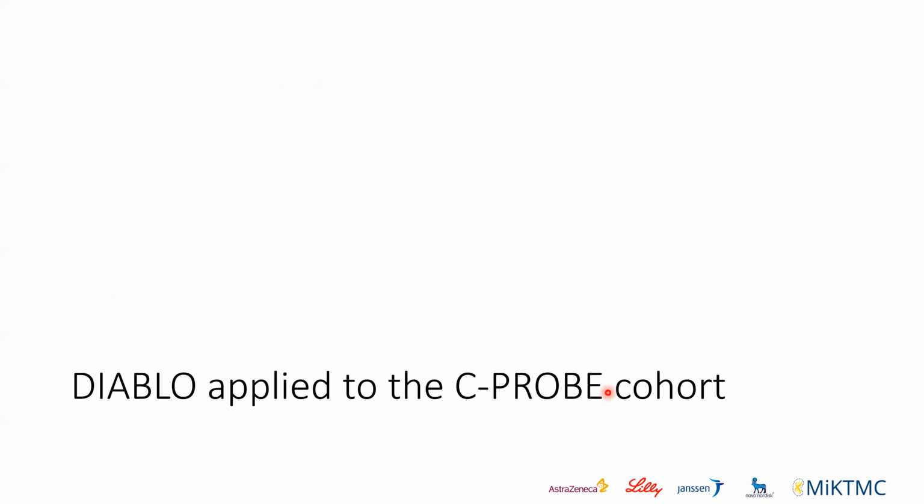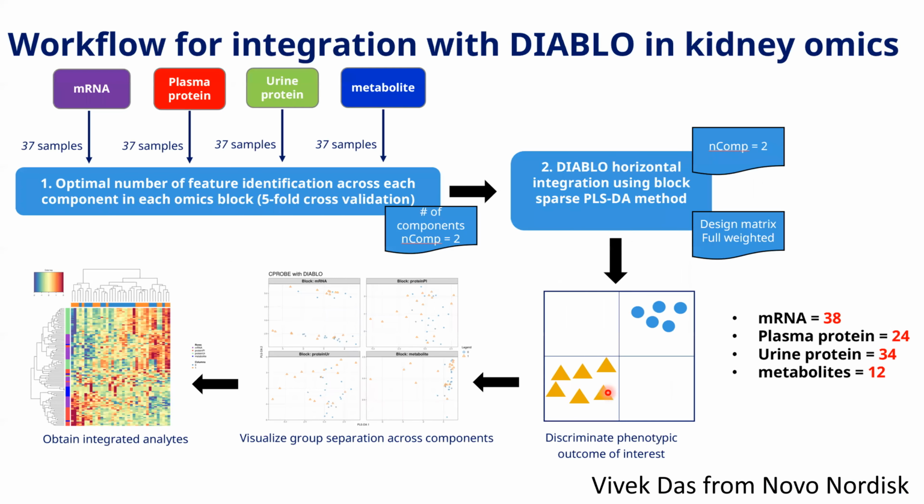Second, we applied another approach to integrate these 4 omics data types in the CPROBE cohort. When we applied DIABLO to this cohort, we identified 108 features associated with disease progression.